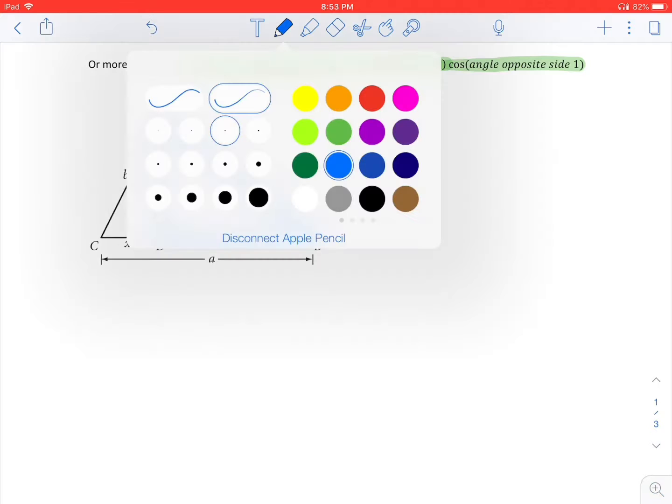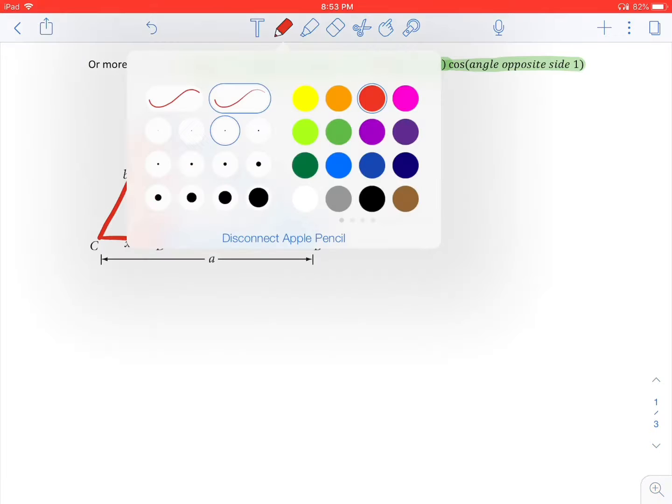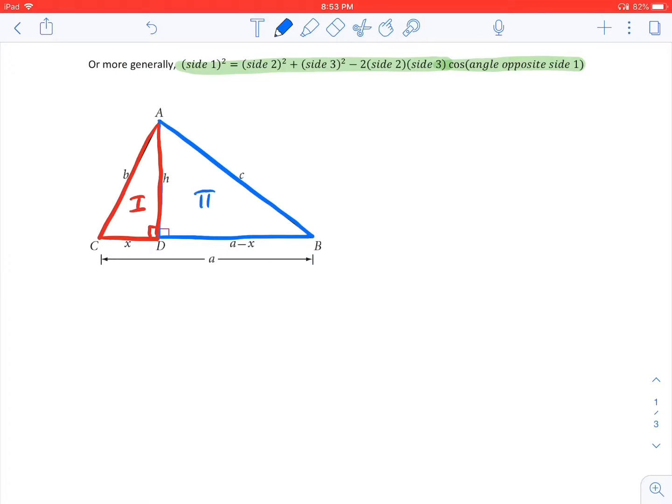The second right triangle would be this red one here, and when I put those together, I get the original triangle.